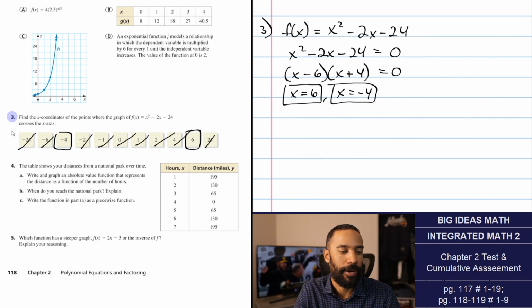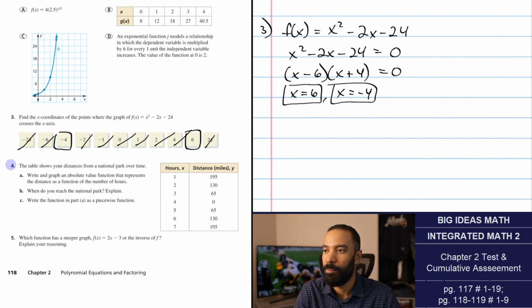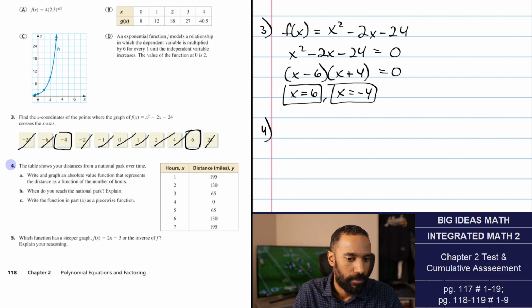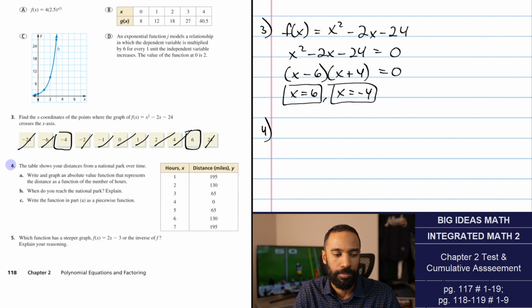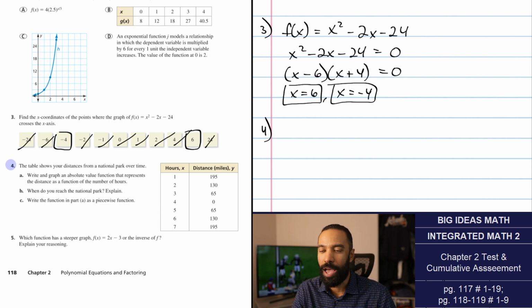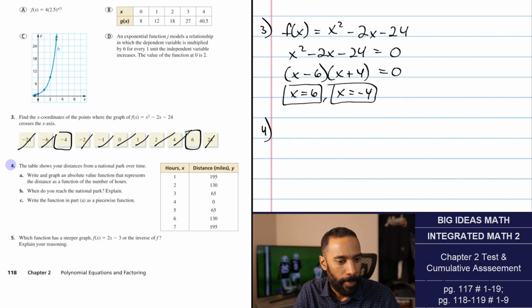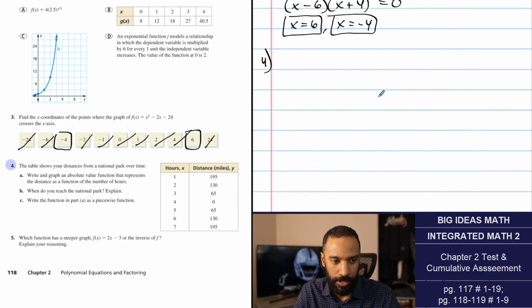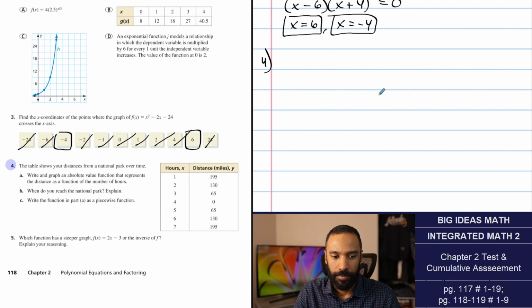Okay, number 4. The table shows your distances from a national park over time. Write and graph an absolute value function that represents the distance as a function of the number of hours.